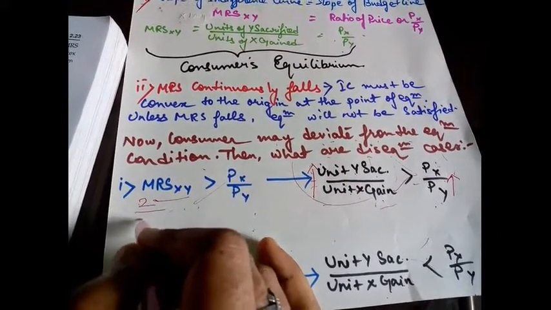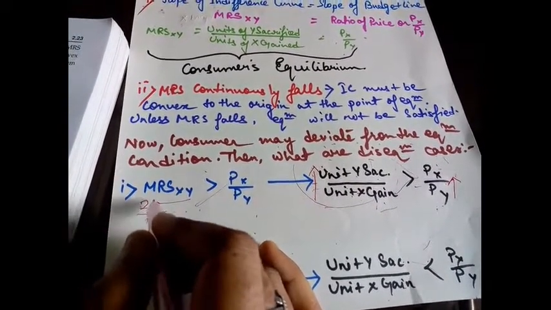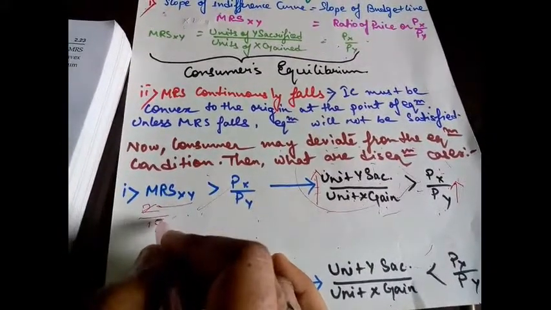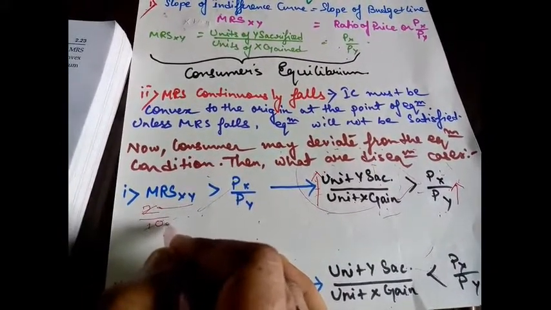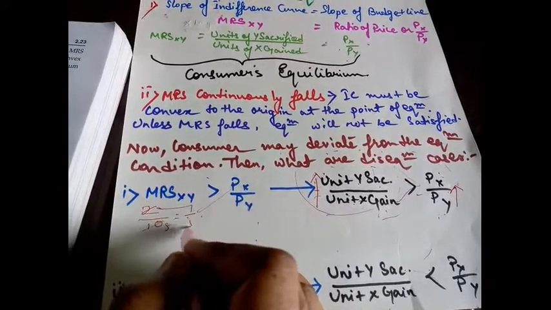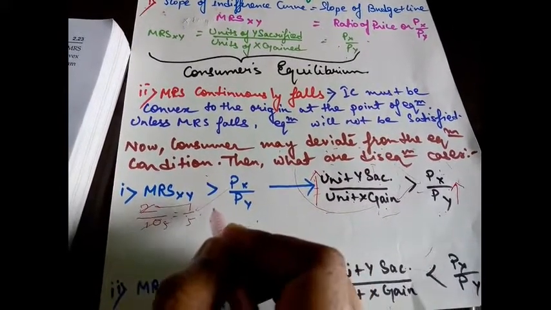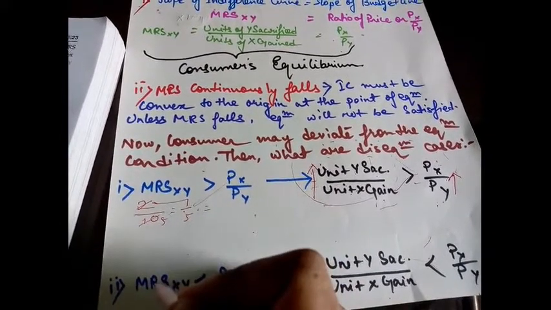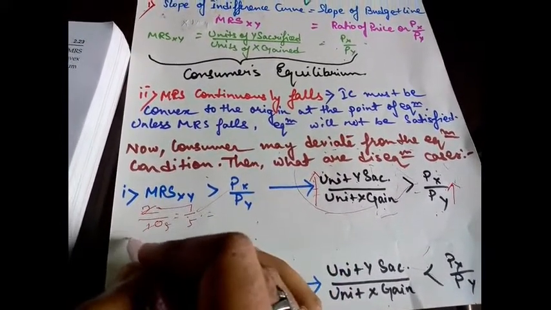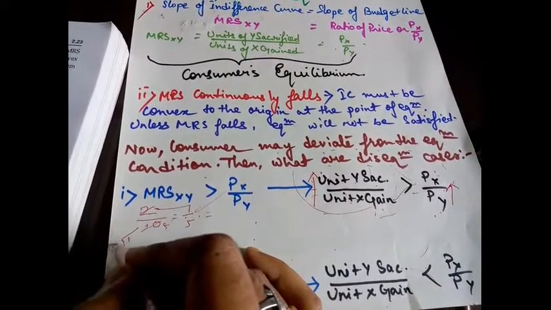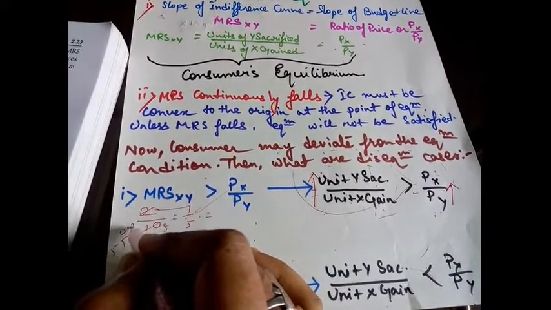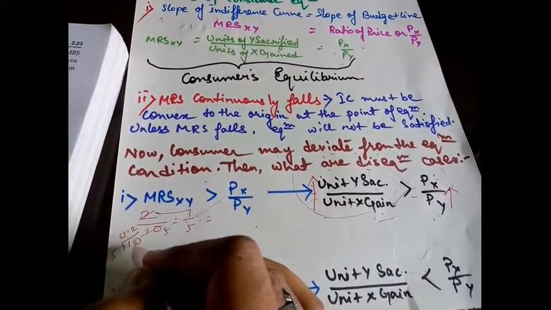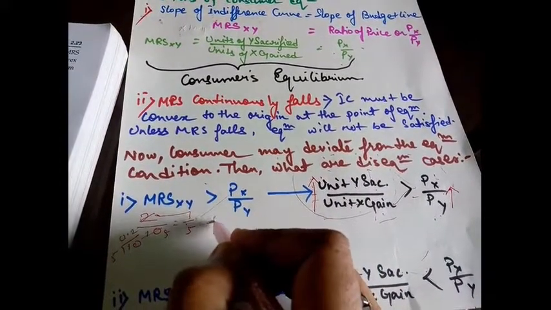How much is it? 2 by 10 equals 1 by 5, equals how much? It will come after solving this, 0.2.